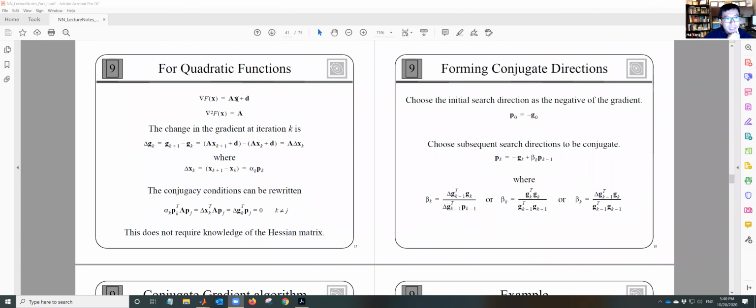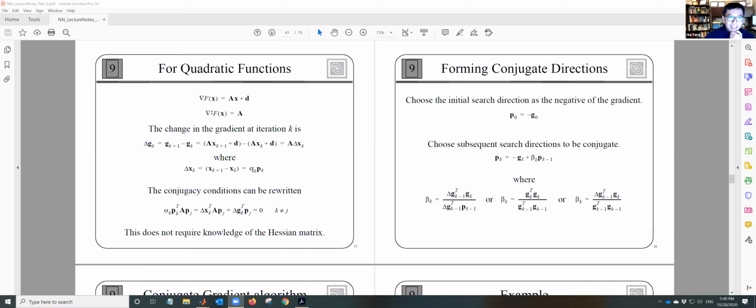For a quadratic function, we can get the first order gradient and also the second order Hessian. The change in the gradient at iteration k is delta gk, which is gk plus 1 minus gk. This equals A x(k+1) plus d minus A xk plus d. Basically, it equals A delta xk.